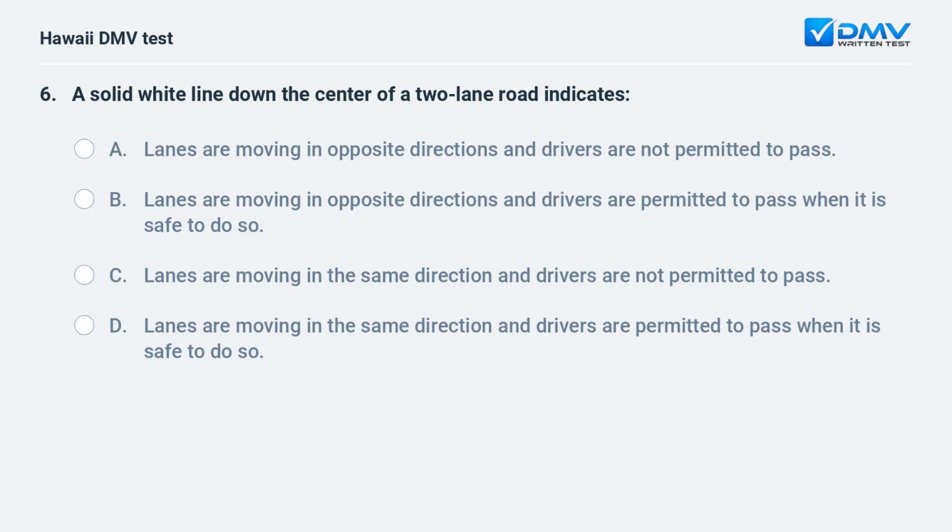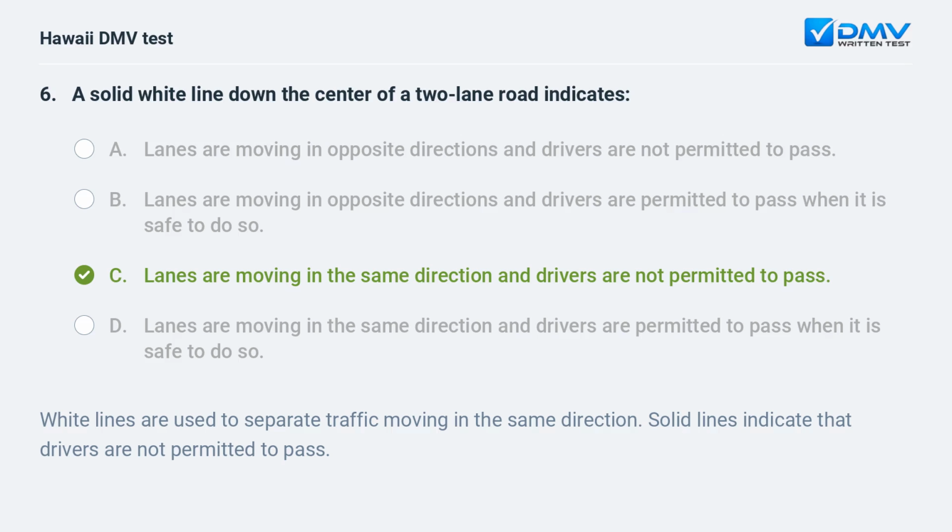D. Lanes are moving in the same direction and drivers are permitted to pass when it is safe to do so. C. Lanes are moving in the same direction and drivers are not permitted to pass. White lines are used to separate traffic moving in the same direction. Solid lines indicate that drivers are not permitted to pass.